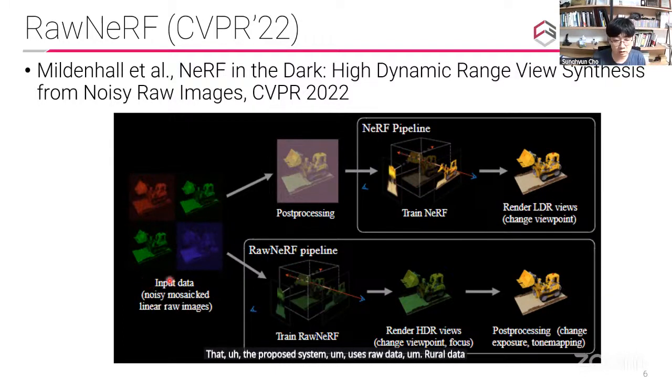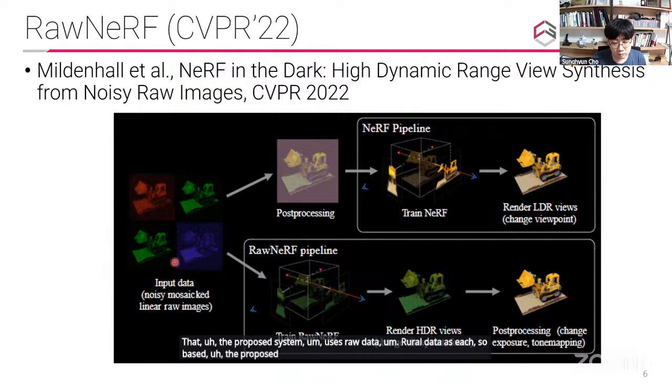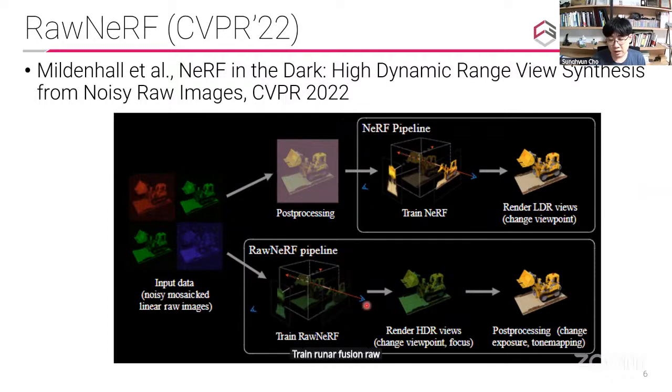The proposed system uses these raw images and directly trains RawNeRF, and then using this trained NeRF, we can render HDR images in the raw space, camera raw space.